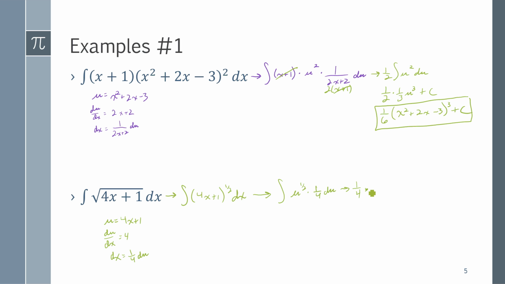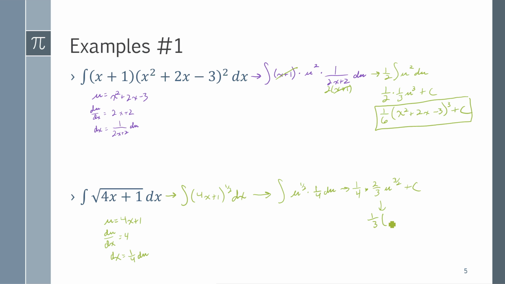The antiderivative of u to the 1/2 would be 2/3 u to the 3/2 plus c. And then change the u back in terms of x's, because I was asked for this with respect to x. So I'm going to have 1/3 quantity 4x plus 1 to the 3/2 plus c. And there's my antiderivative.